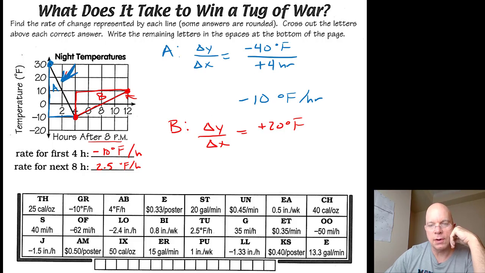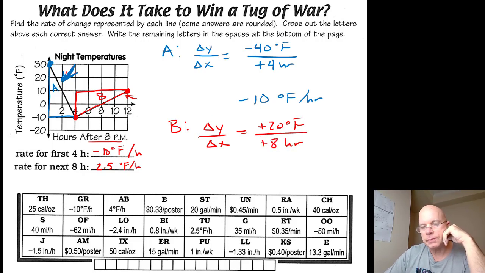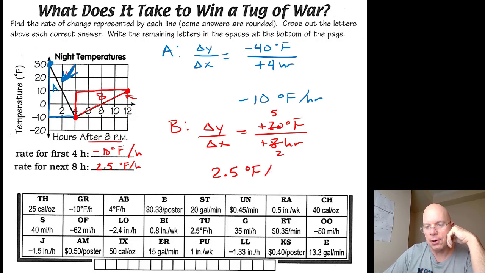From 4 hours to 12 hours would be an increase of 8 hours. 20 and 8 both have a common factor of 4. So make this a 5 and this a 2. And 5 halves is 2.5, so 2.5 degrees Fahrenheit per hour. Positive divided by positive is positive, so positive slope on that one. That was down here somewhere, right here, and the negative 10 degrees Fahrenheit per hour is right here.